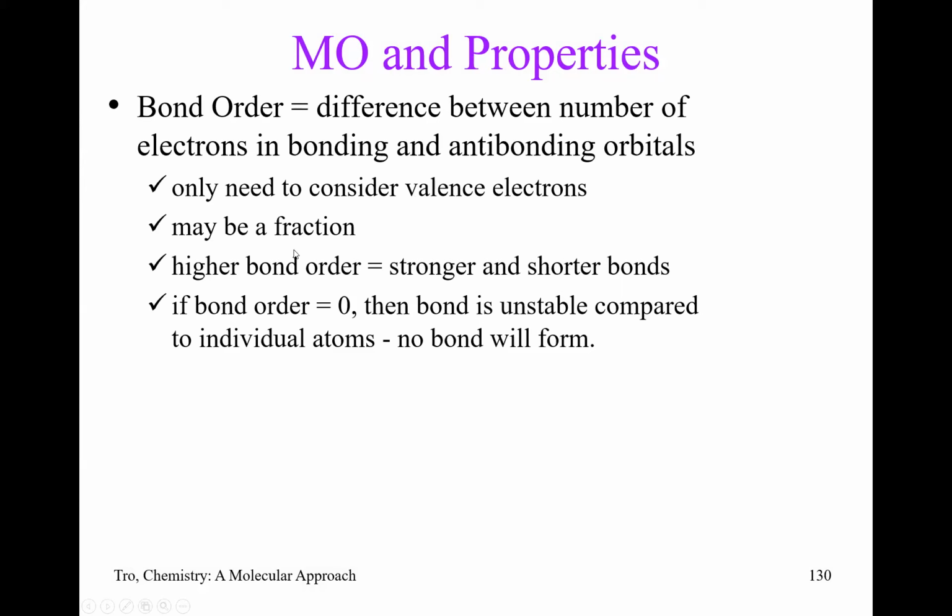But now with resonance and radicals, you can get a half. So when it says it may be a fraction, it doesn't mean a third or fourth. Well, it could, but let's start with a half, which is more common in what we'll cover, like a radical. So 2 electrons make the bond, and if there was a radical, 1 extra electron would give you a half order.